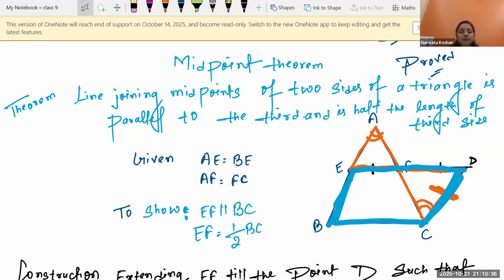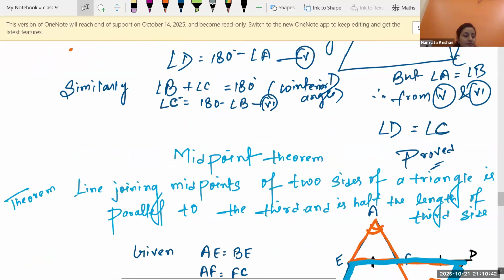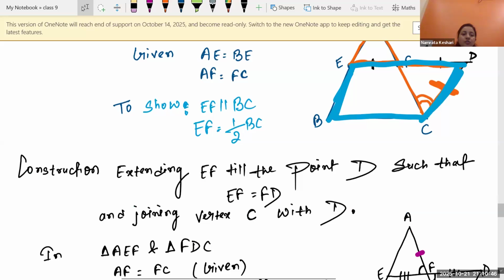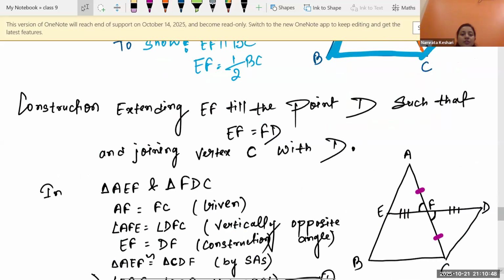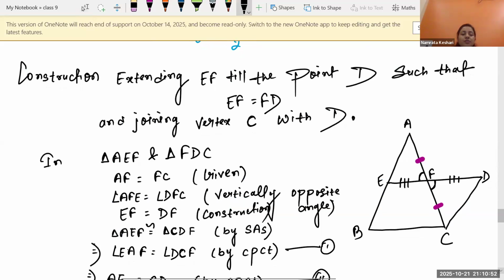Yes. So here we have done the construction and then we started doing the proof. After that, we have taken the triangle. We have proved these two congruent. Yes, please note it down, and please let me know if you have already noted it.